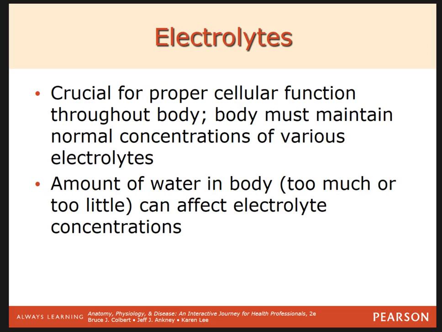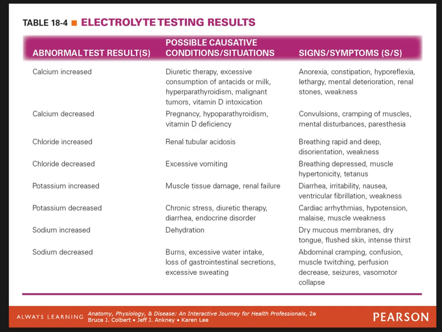Also helps maintain our fluid balance. The amount of water in the body, either too much or too little, can affect the electrolyte concentration. So again, another table in your book. It gives you the different electrolytes, and if the lab results come in, what could be the cause and what are generally the symptoms associated with it.